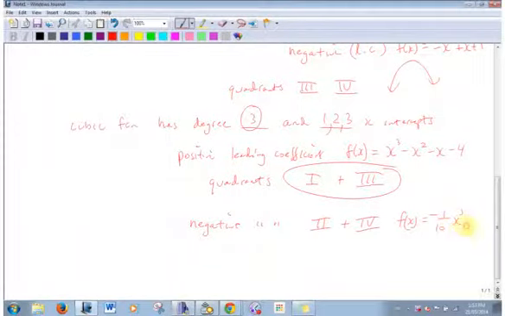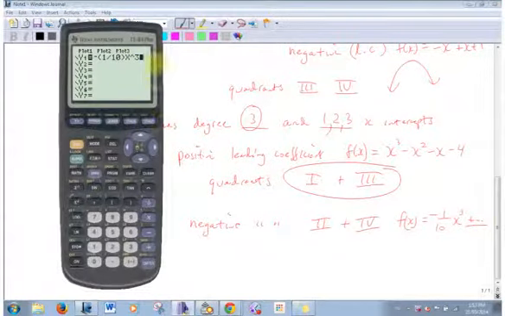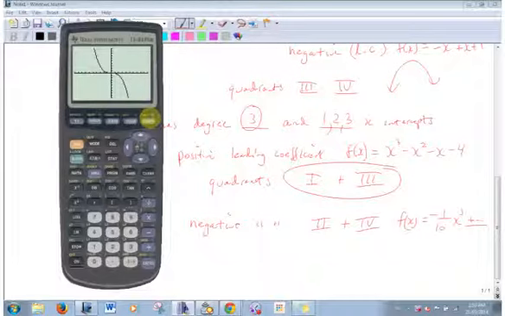It doesn't matter about all this extra stuff. All that does is make it more interesting around the origin. But that shape will always go quadrants 2 and 4 if it's negative. It'll get a lot more interesting with the x squareds and the x's, but it'll always go up there and down there. It's a little fatter because it's 1/10.